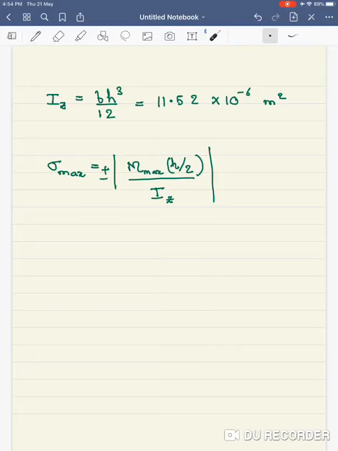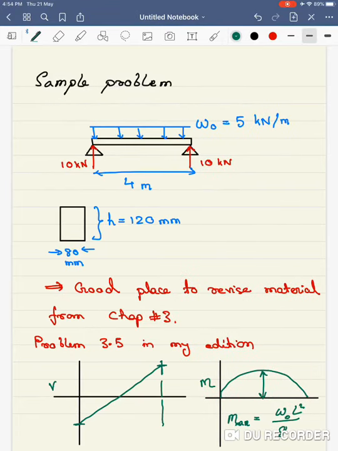That is why I have this plus and minus. If you work this out, you should get something like plus and minus 52 MPa. In an exam problem, we'd probably ask you to find stress at a different point. We'll just point to a different location here and ask you to find the stress value over there.